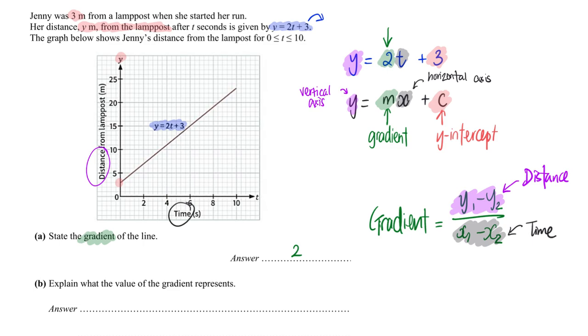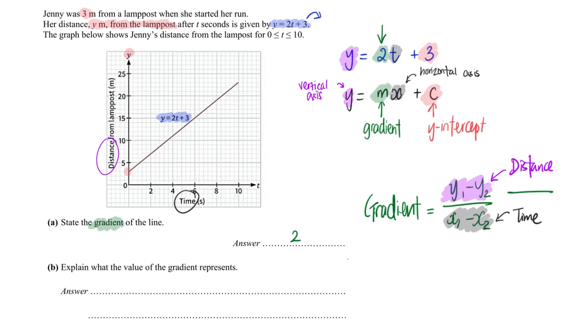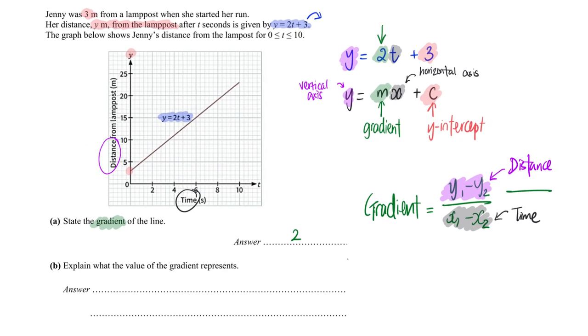And what exactly is distance divided by time? Yes, distance divided by time. What quantity does this represent? Yes, speed. And in this case, the gradient tells us something about this speed.